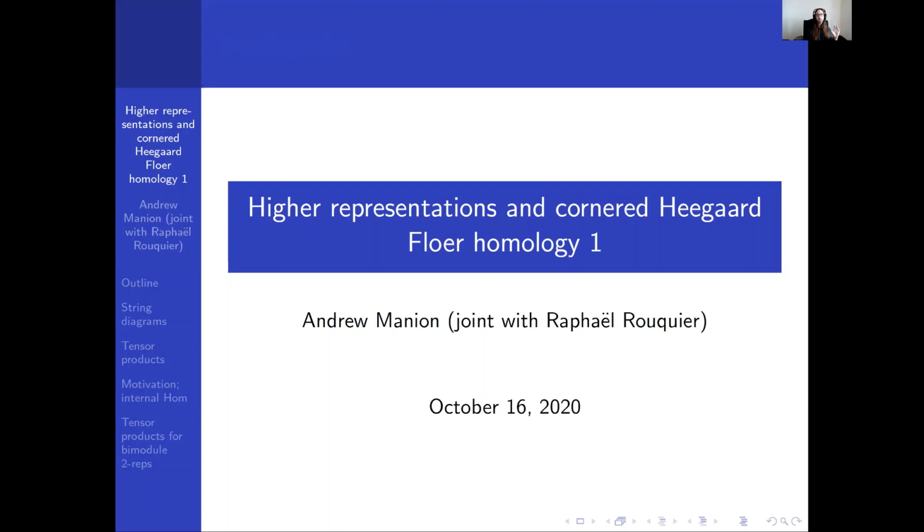But in this specific case, we give the construction here and we relate it to Heegaard Floer homology, specifically cornered Heegaard Floer homology. That will be discussed in the second of these 2 talks. In the first talk, I'm just going to talk a bit from a diagrammatic, pictorial perspective about the tensor product operation that we define in this paper.